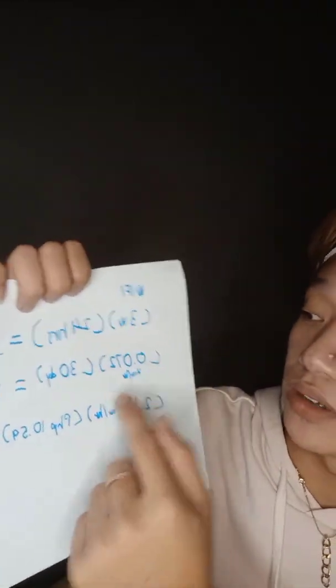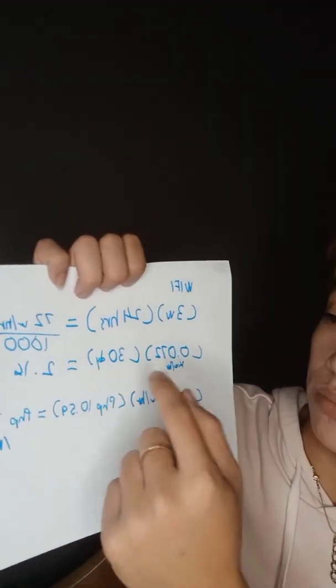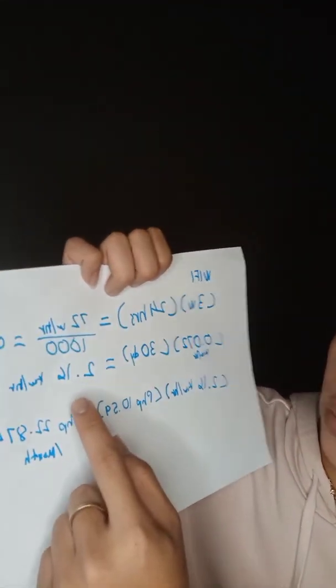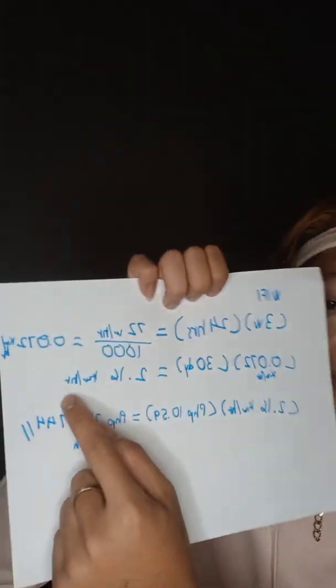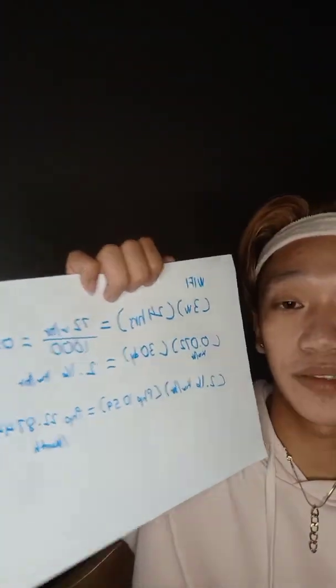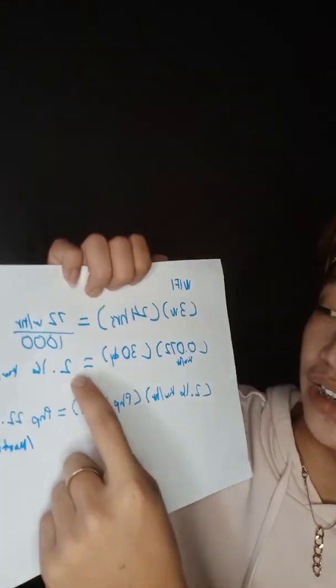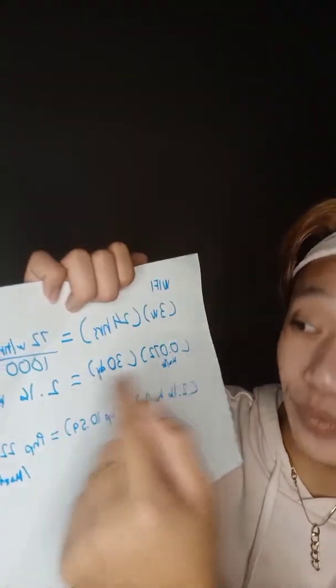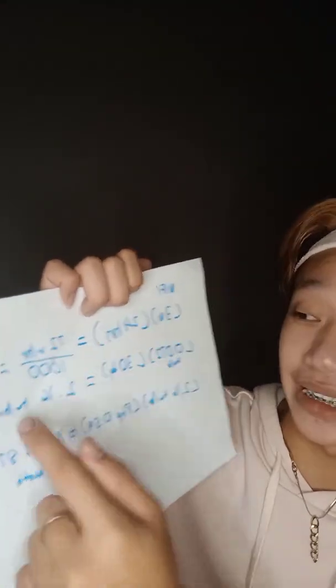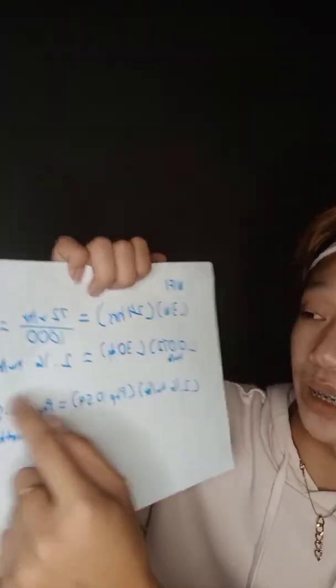So, 0.072 times 31 days is equal to 2.16 kilowatts per hour. Guys, nakaka-follow ba kayo? Okay, paki-raise hand naman. Hindi pa, joke lang. So, ayan. Itong lalabas dyan, 2.16 kilowatts per hour. Pero basta lalagay nyo sign palagi na kilowatts per hour.